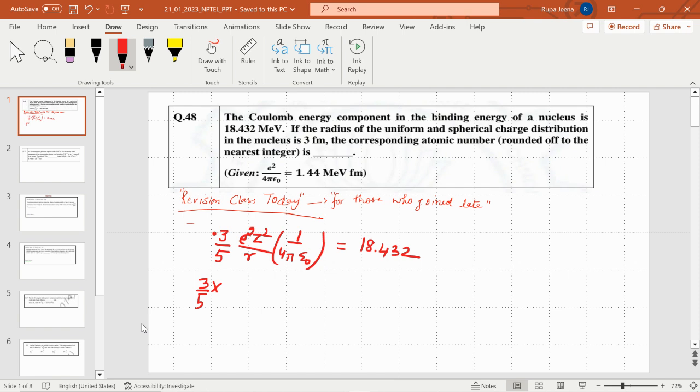So put the value which is given in the question: 3 by 5. If the radius of the spherical charge distribution is given, and e square by 4 pi epsilon naught is given to you as 1.44, then Z square by r, where r is equal to r naught A raised to the power 1 by 3, right?